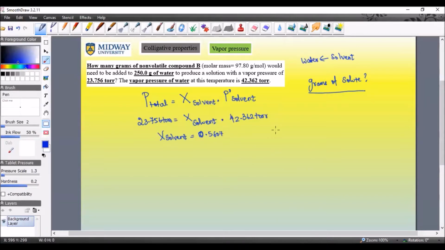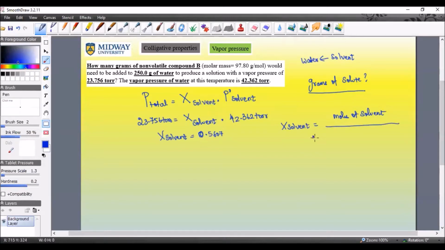Now the question is, we have to find the moles of the solute using the mole fraction of the solvent. So let's write that equation I gave you. Mole fraction of the solvent equals moles of solvent over total moles.